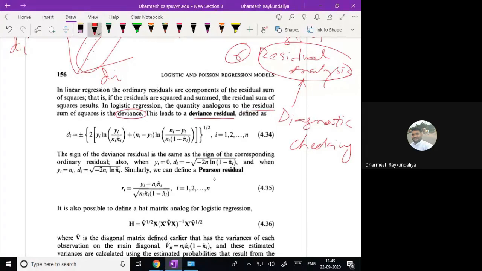We know that DI is nothing but the plus or minus square root of the deviance statistic. If you remember, we wrote it this way: sign of y minus mu, times the square root of di. Okay, so this is the contribution of the ith variable in the deviance. Just take the square root of this.